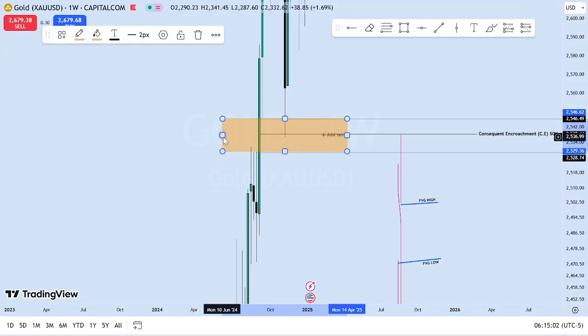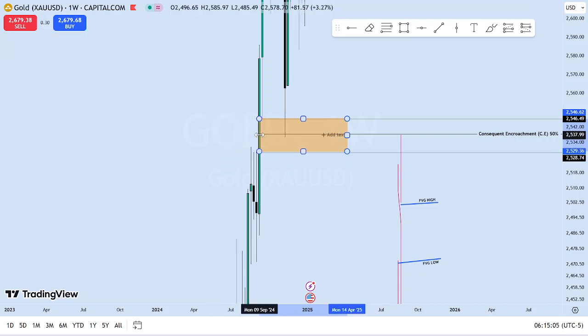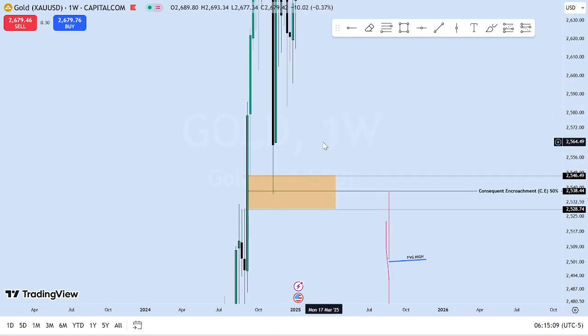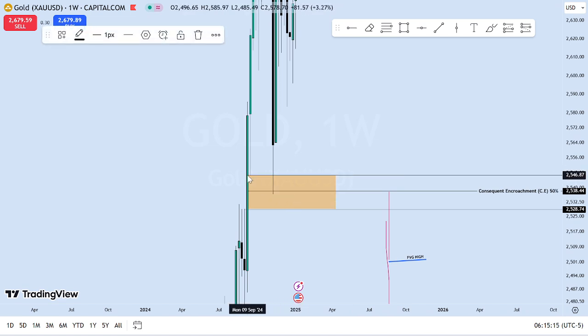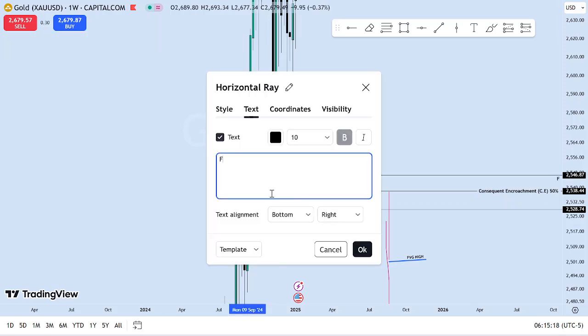Watch where it's touching. This annotates a fair value gap. This is our 50% consequent encroachment. This is the fair value gap high. Also, you can call this BISI, buy side inefficiency, sell side imbalance. Correct, good.